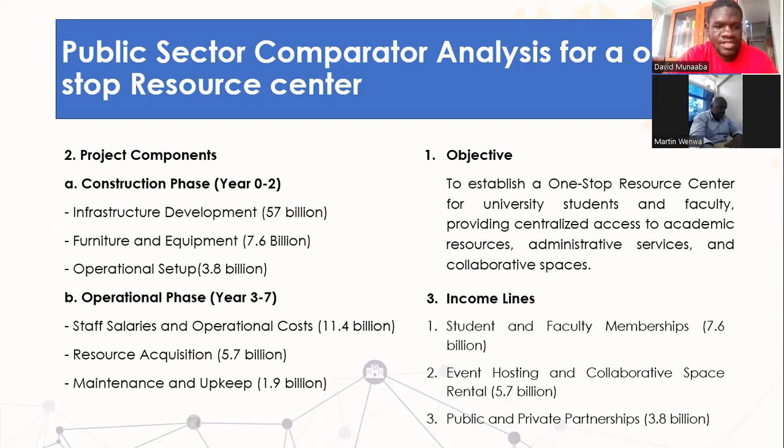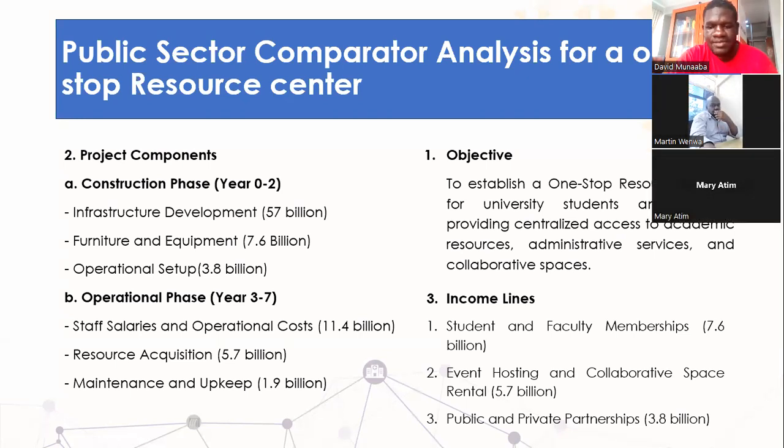The project components is a construction phase of 0 to 2 years and an operational phase of 3 to 7 years, with income lines expected like student and faculty memberships, event hosting and collaboration space, and public and private partnerships.